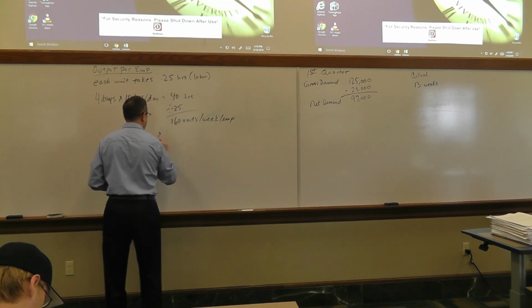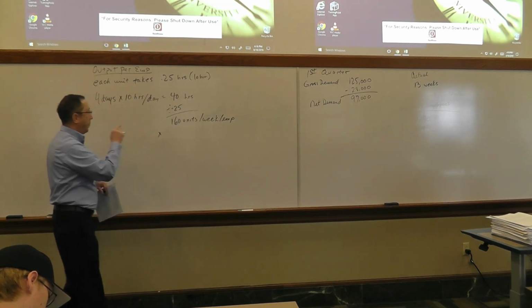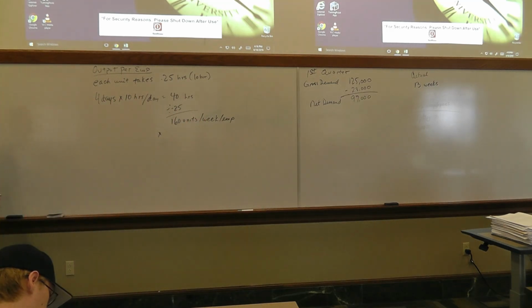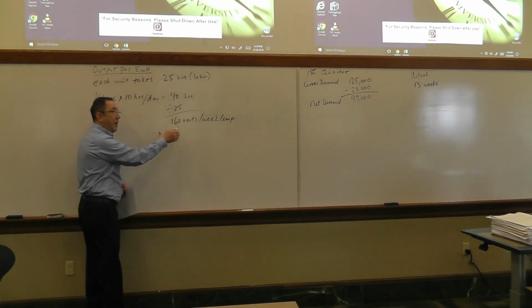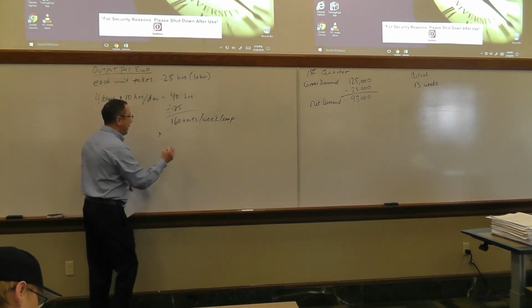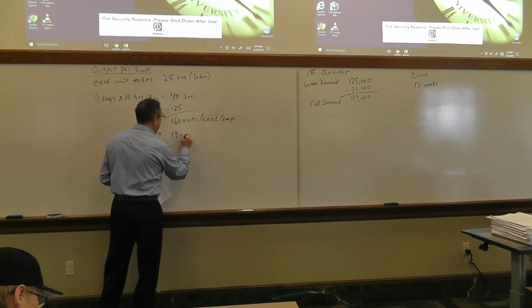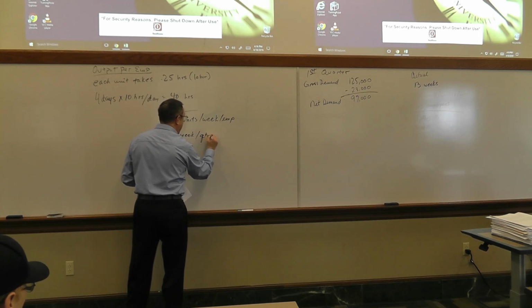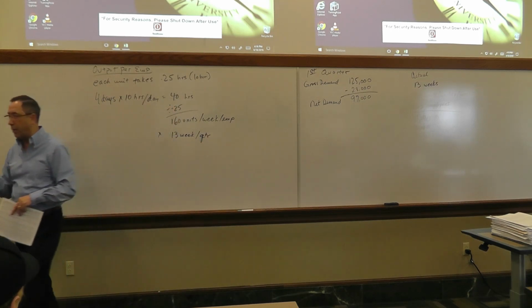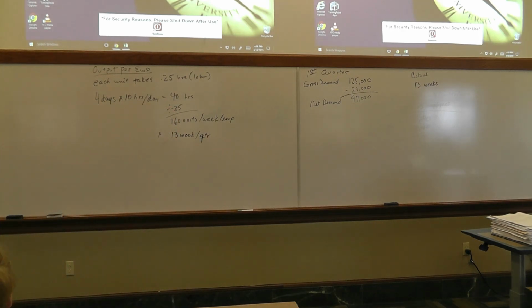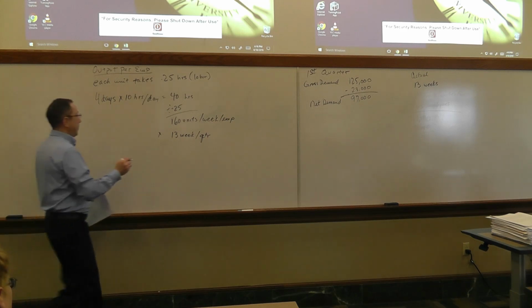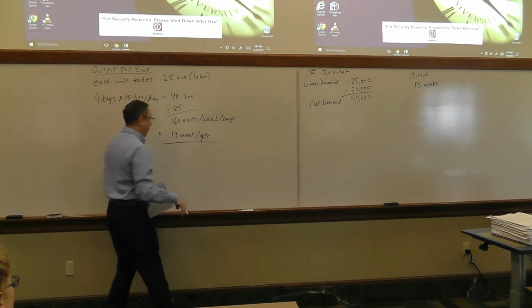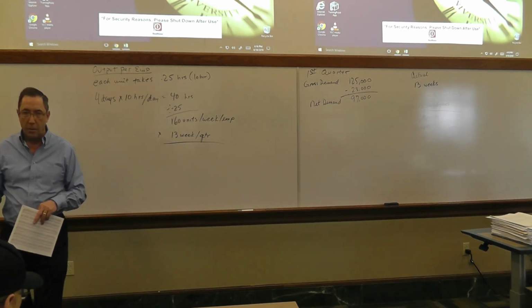I'm going to do a little more processing over here. It's still 160 units per week per employee. That doesn't change. Now I'm going to multiply that by 13 weeks, because that's how many weeks are in this first quarter that we're concerned with. What does that work out to? 2,080?